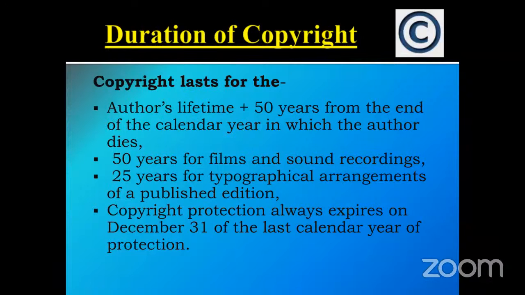Suppose I publish a book in my 30th year, and I live for 70 years, then after that, for another 50 years, the author's right continues, and that author can nominate some person to hold the right. So it is the author's lifetime plus 50 years from the end of the calendar year in which the author dies.